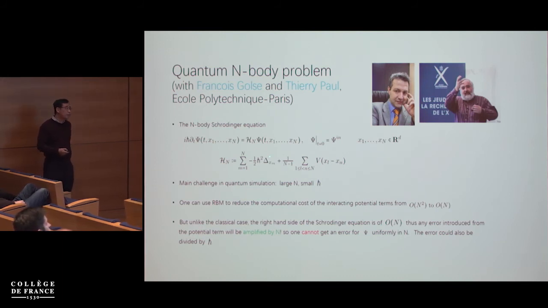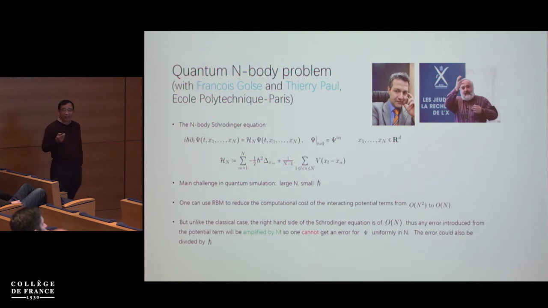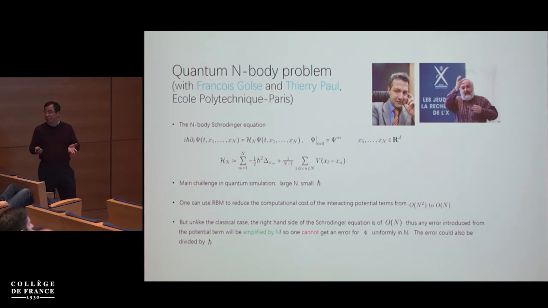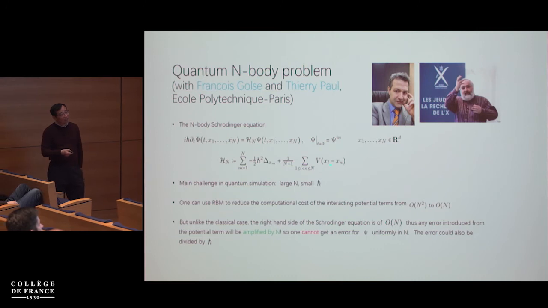It turns out this problem is more challenging than the classical particle because, if you look at the right-hand side, we have order n squared summation, but it's only divided by n. In the classical particle, it's the n-term summation divided by n, so that's order 1. But here it is order n squared divided by order n. If you make a mistake here, because this whole operator, this operator, you have a Laplacian for n particles.